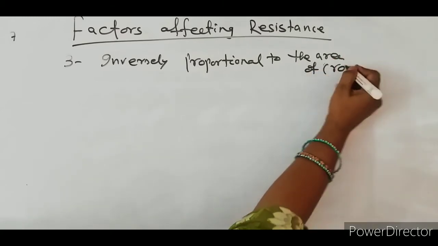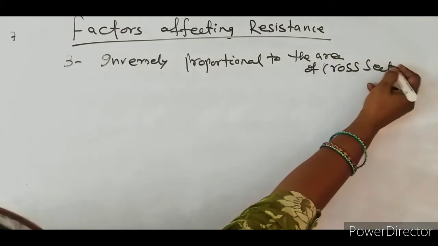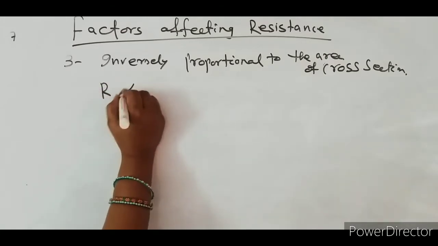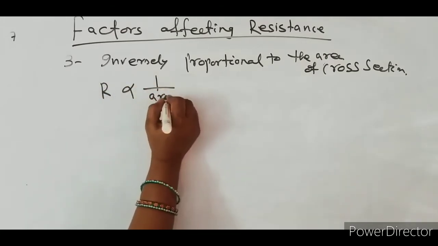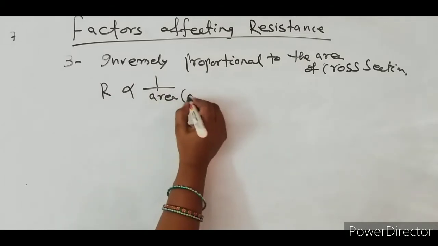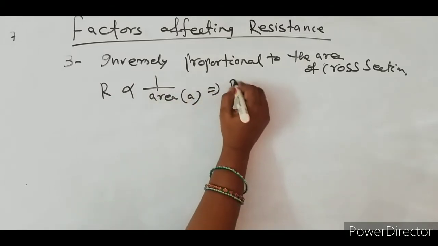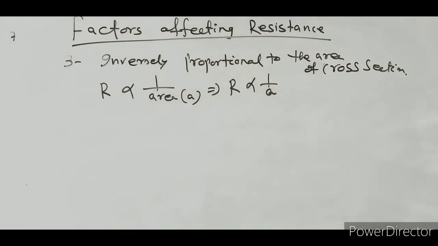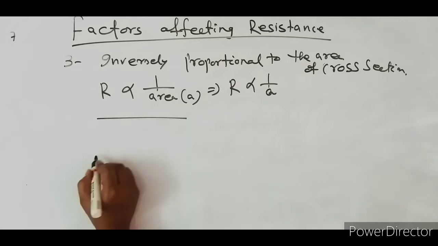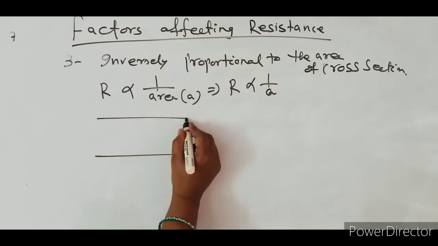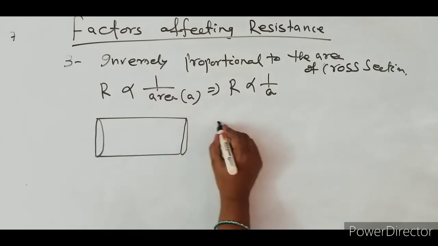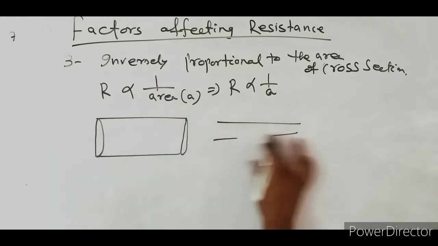We can represent R is inversely proportional to A. Take a thicker wire and a thinner wire of the same length.